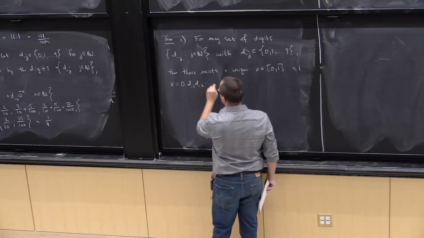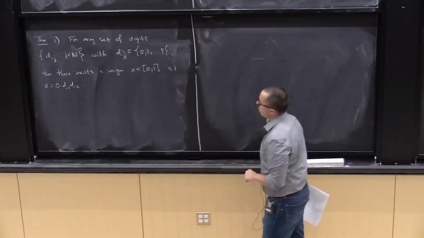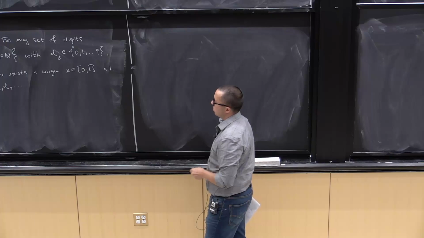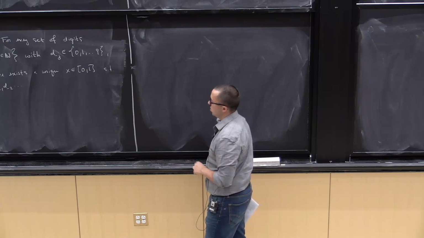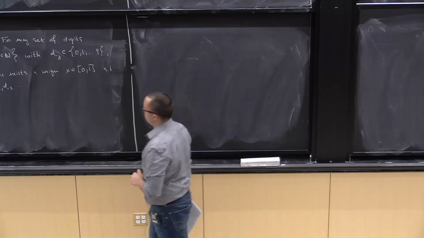So with this decimal representation. Okay? So you give me some digits, and I can find a unique real number that has that decimal representation.